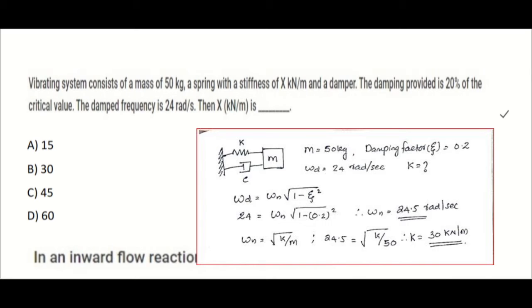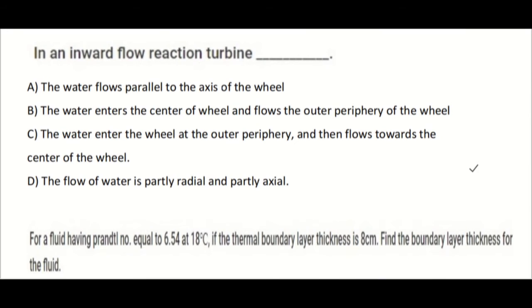We know that for a spring mass system, the natural frequency omega n is equal to root of k by m, or x by m. From that we substitute the value of omega n and the mass, and we can find the value of k. K or x will be equal to 30 kilonewton per meter. That is the right answer.